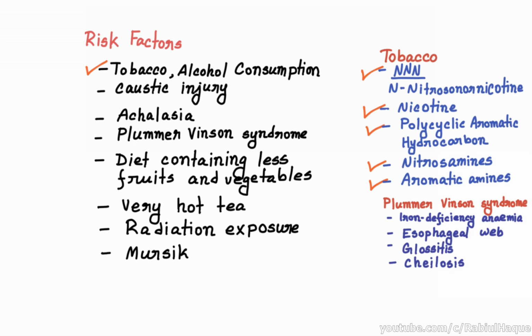The next risk factor that we will talk about is caustic esophageal injury. That means here there is damage to the esophagus, and this is happening as a result of ingestion of caustic substances. Now, these caustic substances are ingested either accidentally or intentionally. It is usually ingested accidentally by children. For example, common drain cleaners or other household cleaning products or disk batteries, they contain sodium or potassium hydroxide.